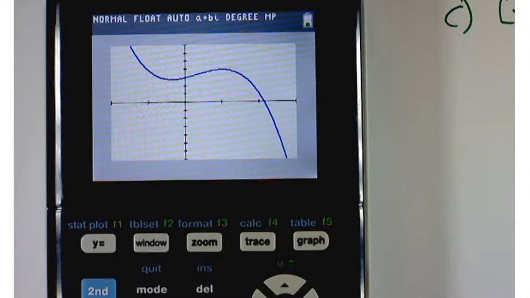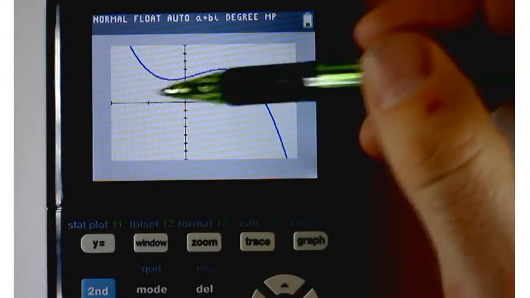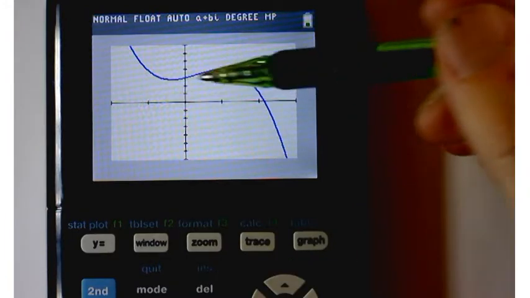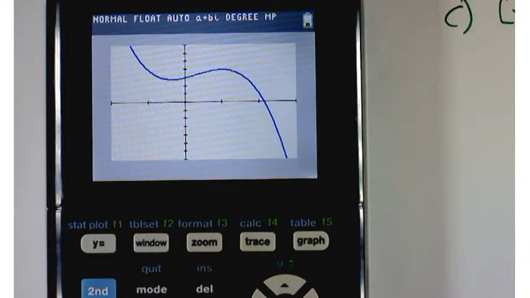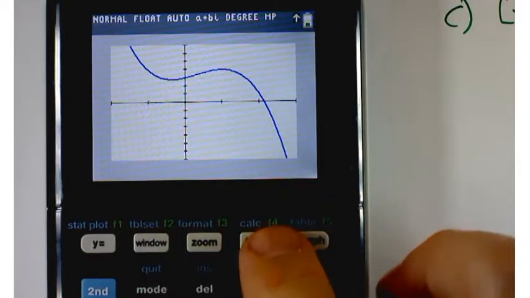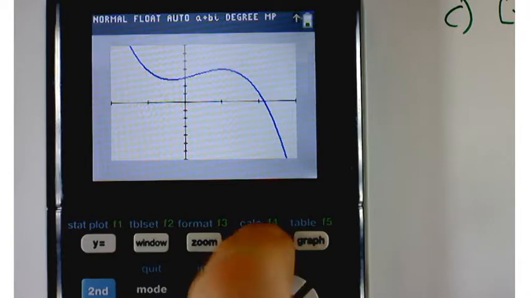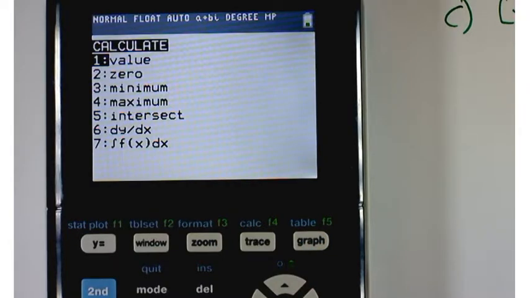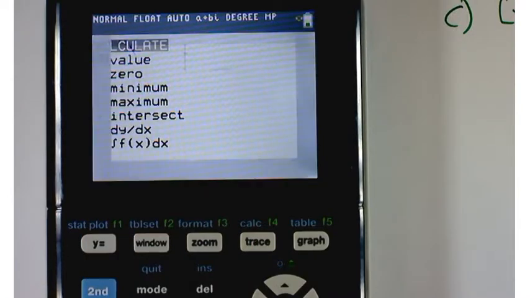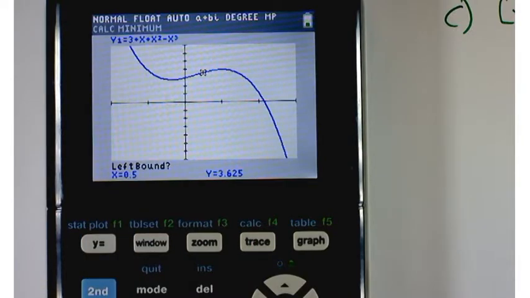What we want to find next is this point. Where is this happening? So press the second key, then the calculate menu again, or second and then trace. If I wanted to find the minimum, I'll take the third option down, minimum. Now your calculator is asking where to look for the minimum.